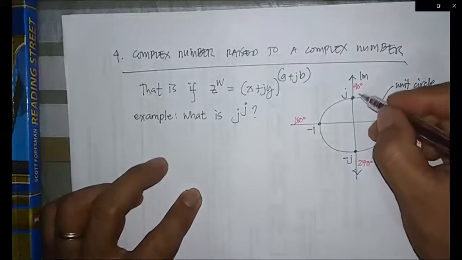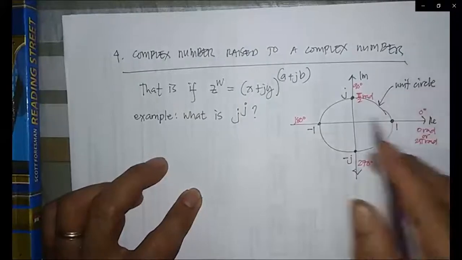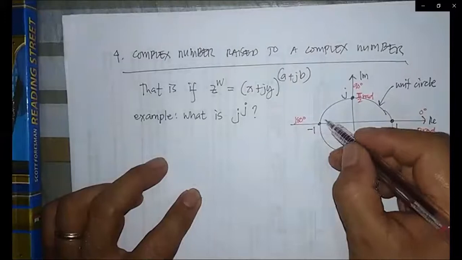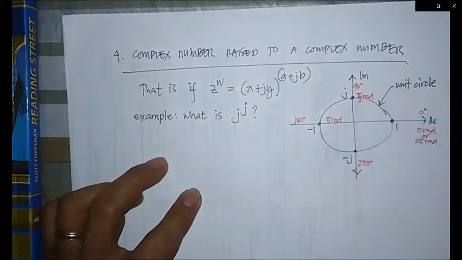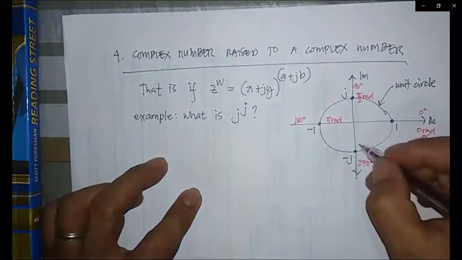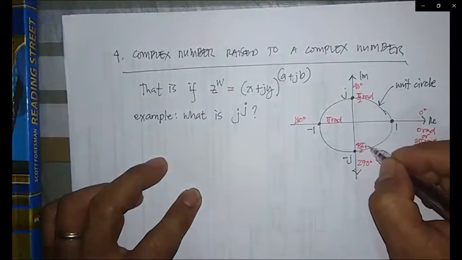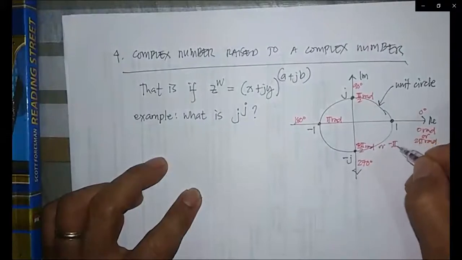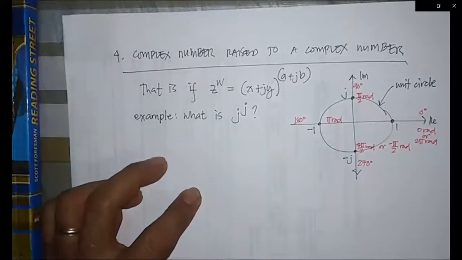For 90 degrees, that's pi over 2. Take note, pi is 180, divided by 2, that's 90 degrees. And of course, 180 degrees is equivalent to pi radian. And 270 degrees is 3 pi over 2 radian, or you can write this as negative pi over 2 radian.